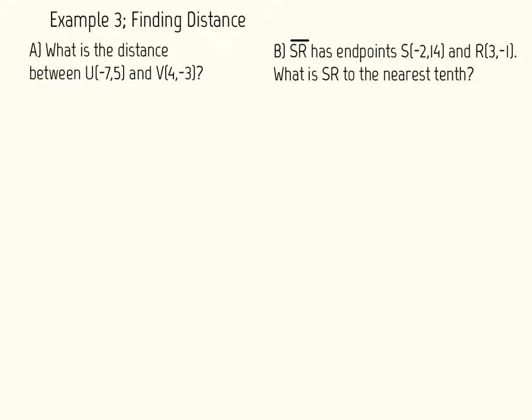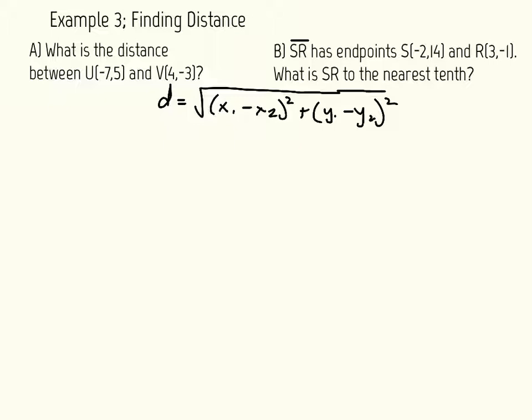Example 3, finding distance. In both of these, we're going to have to use our distance formula. So remember that is d equals the square root of x1 minus x2 squared plus y1 minus y2 squared. Okay, so that's our distance formula. We're going to use this on both examples.